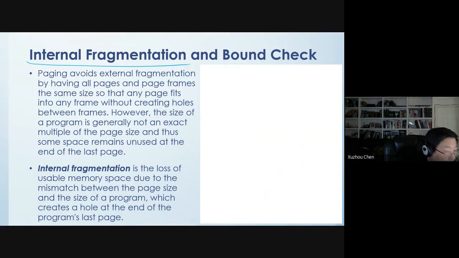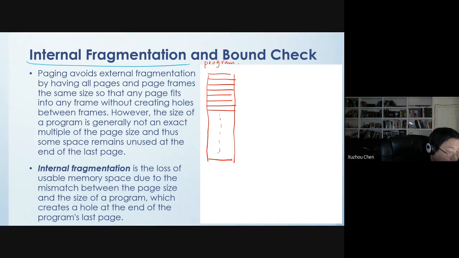Okay. Now let's take a look at this. Suppose this is the size of the program. This is my executable code. It consists of a whole bunch of instructions, and each instruction is located at a logical address. Now, suppose I try to divide this program into pages.